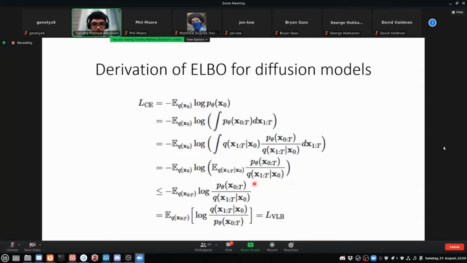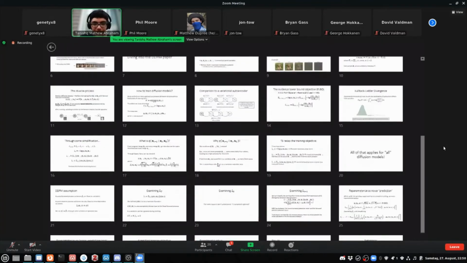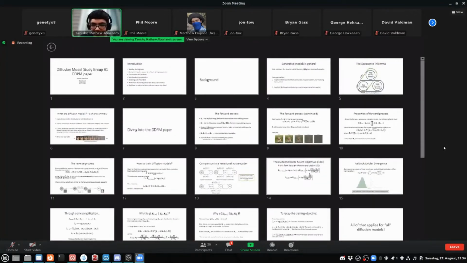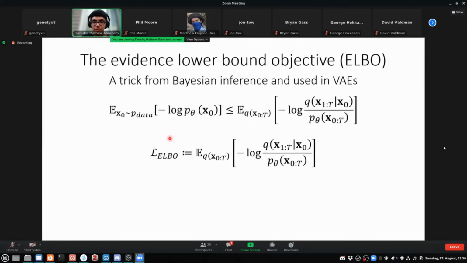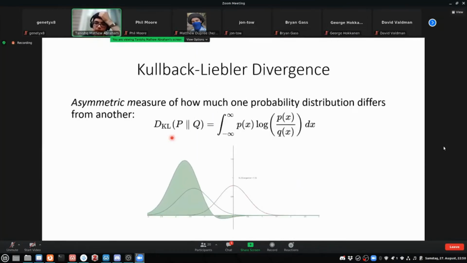Going back to where I was, this was the derivation slide. I have to go back because that was in my appendix. We had our term, and then we were talking about the KL divergence. This is just a little bit about the KL divergence in case some of you are not as familiar with it. It's a comparison between two probability distributions, how they differ from one another.